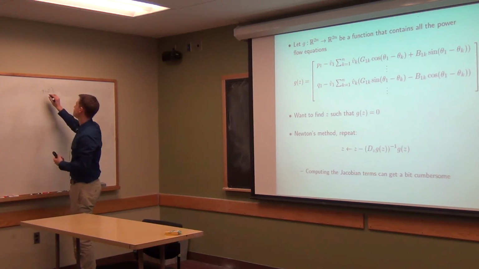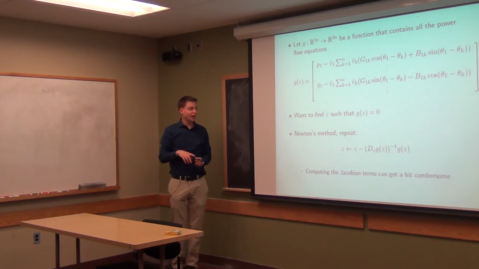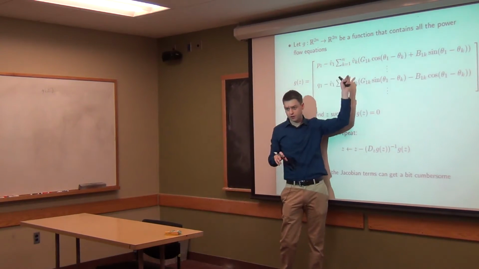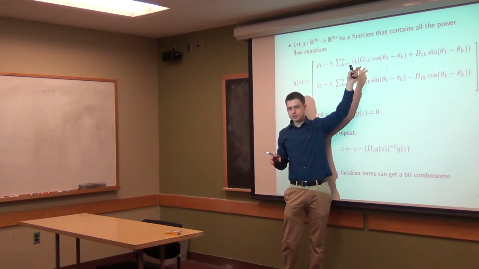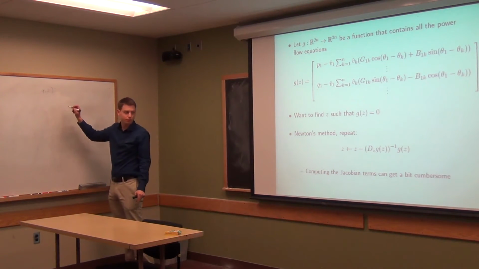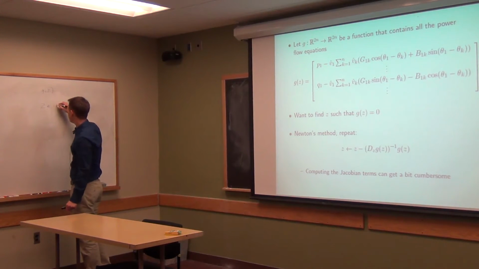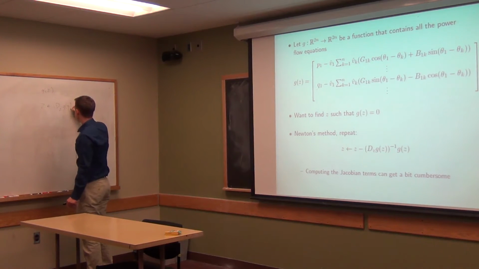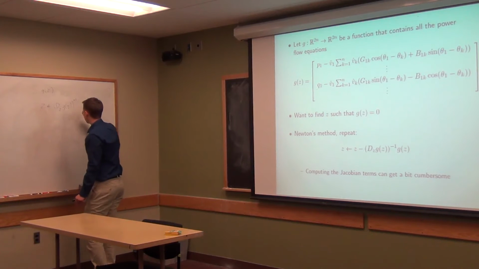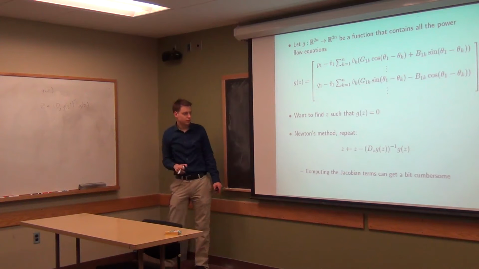It's important to remember that g of z takes as input these 2n unknowns and produces 2n values that encode these differences here. So we can apply Newton's method to find a 0 of this function. Through the updates, z is set equal to z minus the Jacobian of this thing, g of z, inverse times g of z.